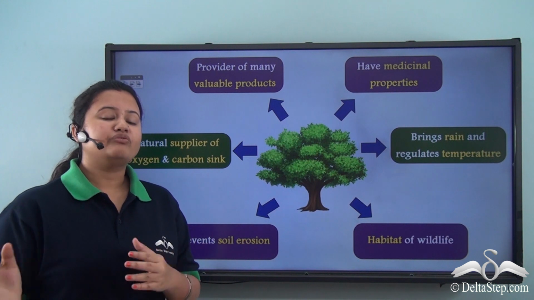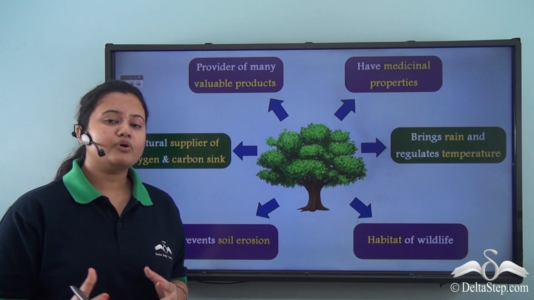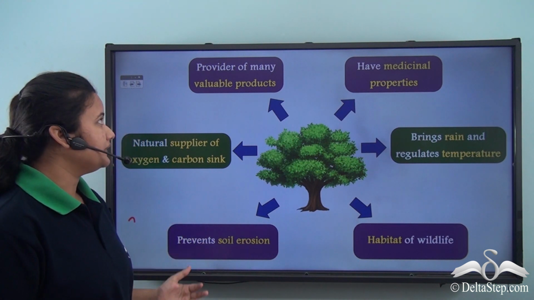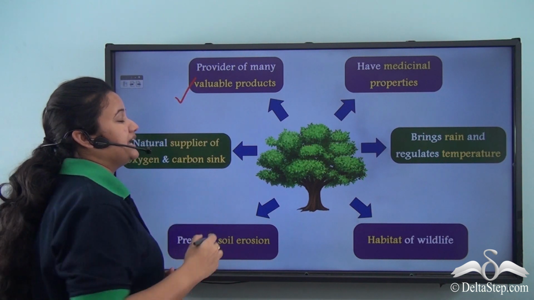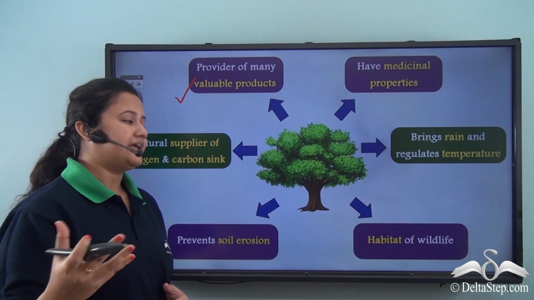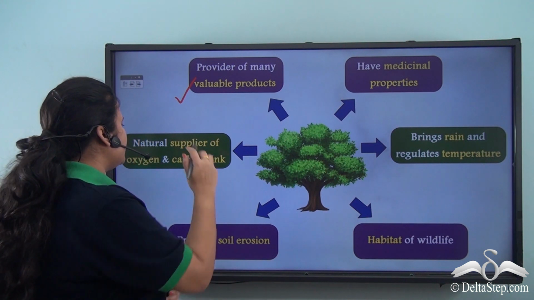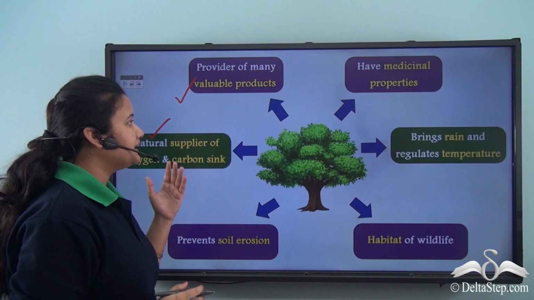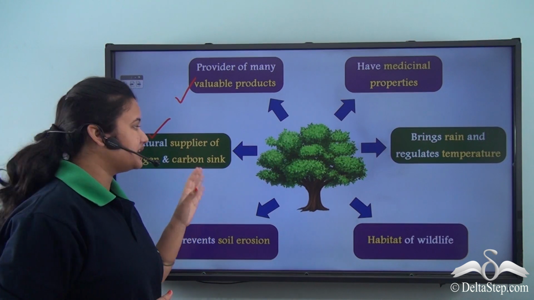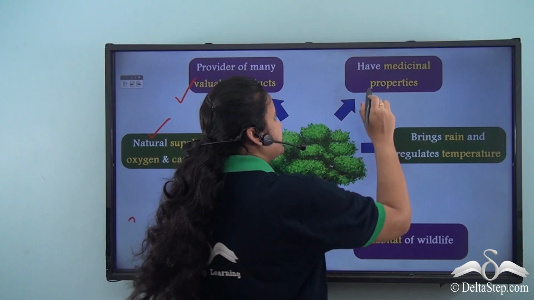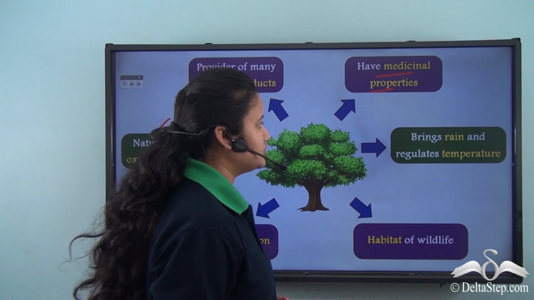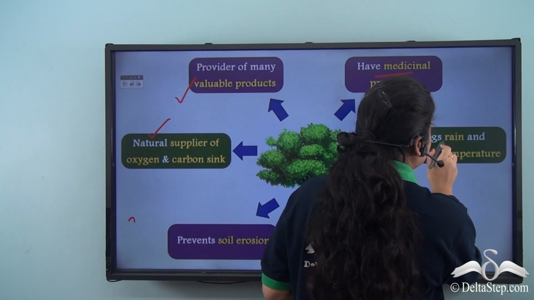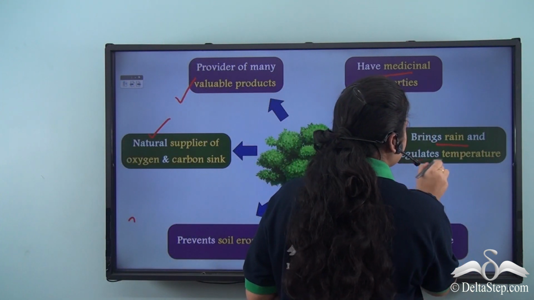So, till now we have discussed various importance of plants. We saw that plants are the provider of valuable products like timber, paper, etc. Plants are the natural supplier of oxygen and also act as carbon sink by absorbing carbon dioxide. There are various plants that have medicinal properties like neem, tulsi, etc. Plants bring natural rain and regulate temperature.